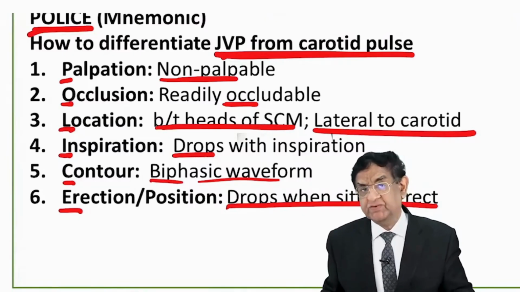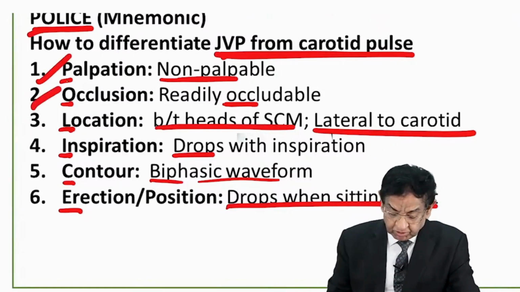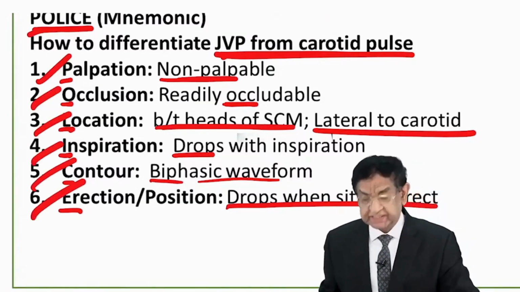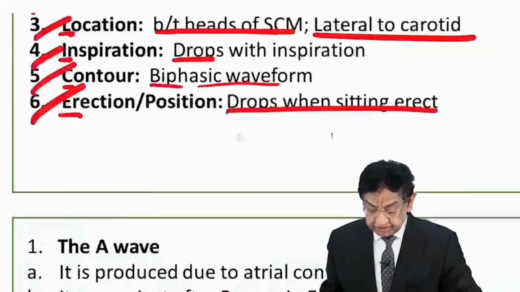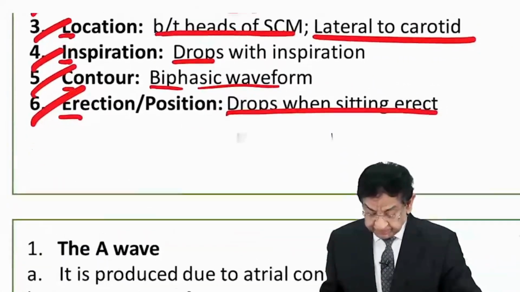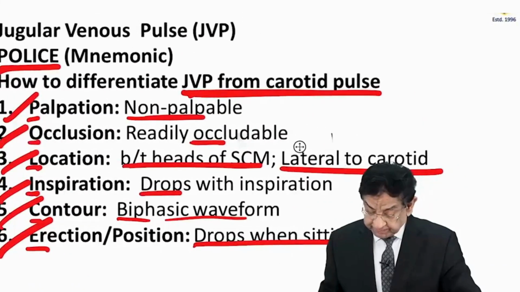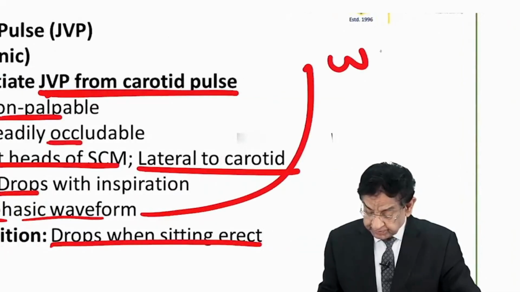Carotid level doesn't fall. So these are the mnemonic: pulse, palpation, occlusion, location, inspiration, contour, and erection or position. With this background, it comes like a waveform.